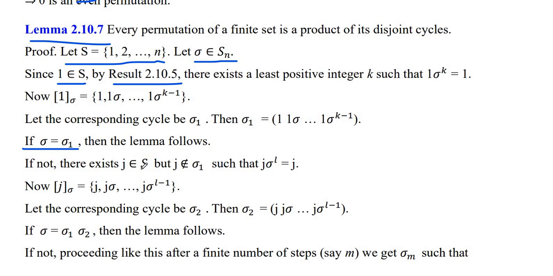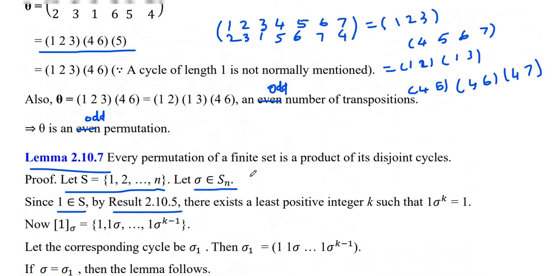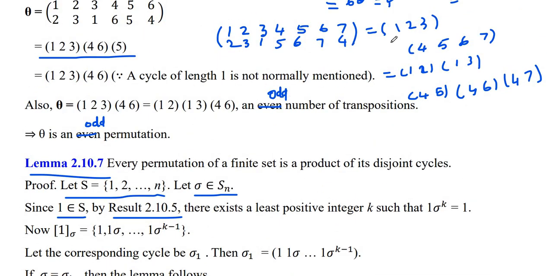If not, there exists a j in S, but j doesn't belong to sigma 1. See, for example, if we consider this one. This is my sigma, say. Then we consider the orbit of 1 under sigma. When we compute that, it will be just the set consisting of 1, 2, 3, and the corresponding cycle will be (1 2 3).